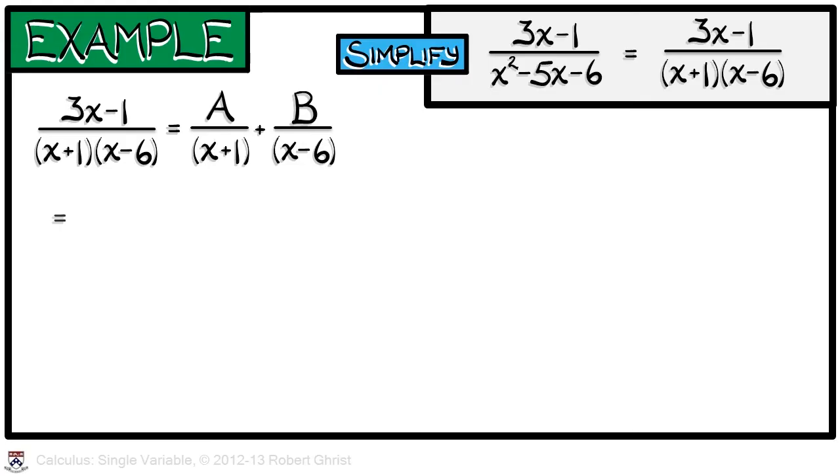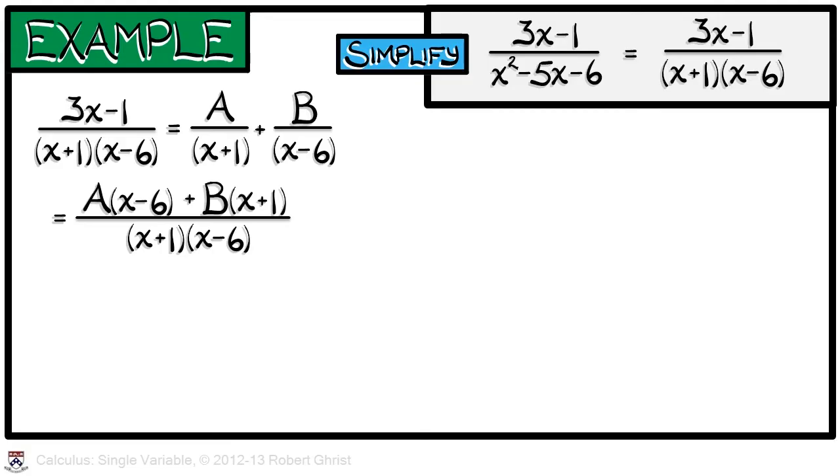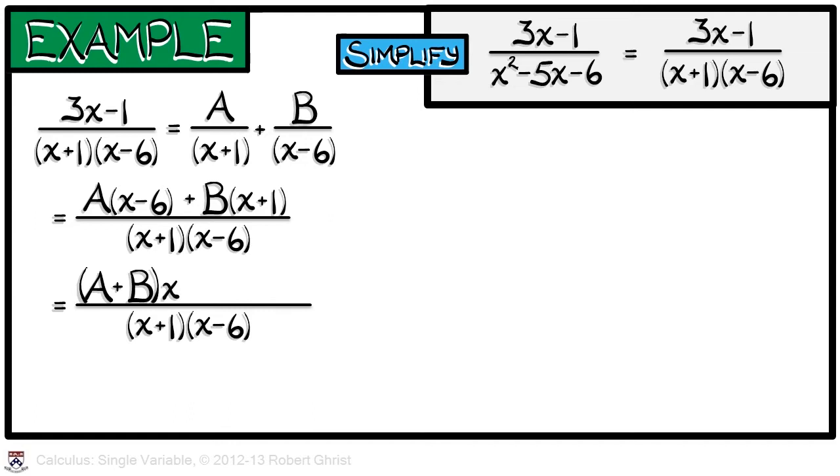Now, to determine A and B, we're going to multiply out the right-hand side, put it over a common denominator, where we'll obtain A(x − 6) + B(x + 1) in the numerator. And now we're going to expand that multiplication out and collect terms so that the first degree coefficient is A + B, and the constant coefficient is B − 6A.